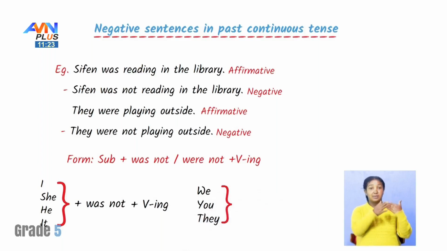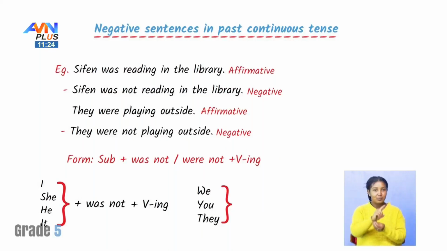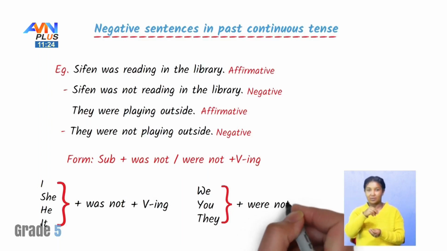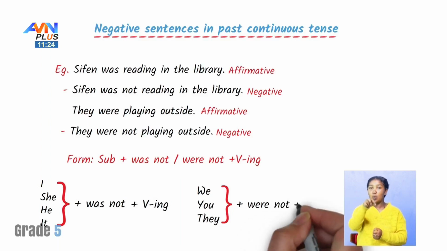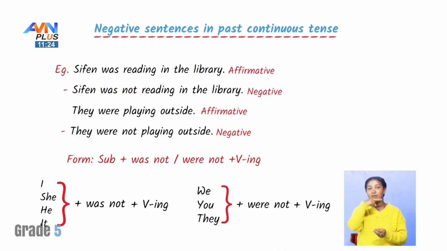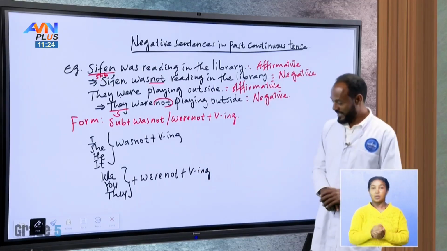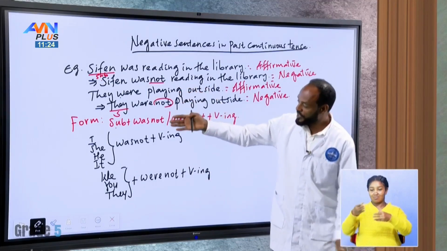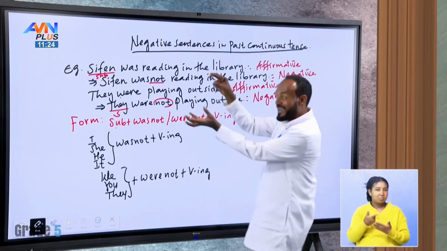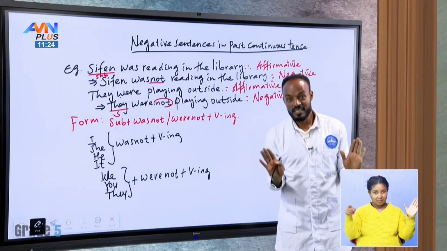If the subject is we, you, and they, we have to put what? Plus were not. You were not, we were not, they were not, plus verb-ing. Look, students. So from the sentence, we derived what? The form easily. So don't worry, because you can get the form from the given sentence. I hope it's clear. Isn't it?